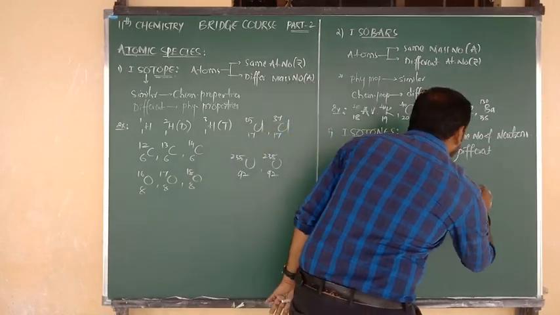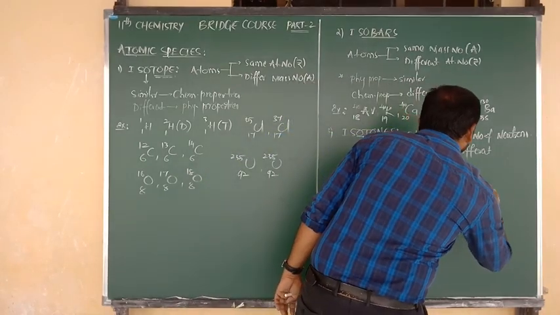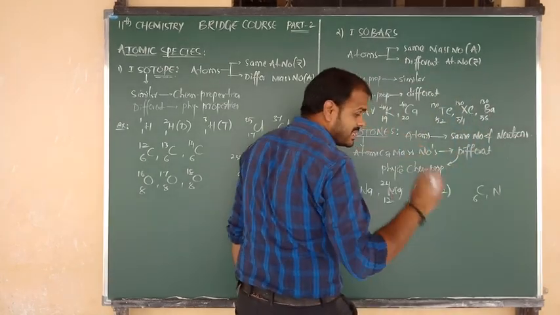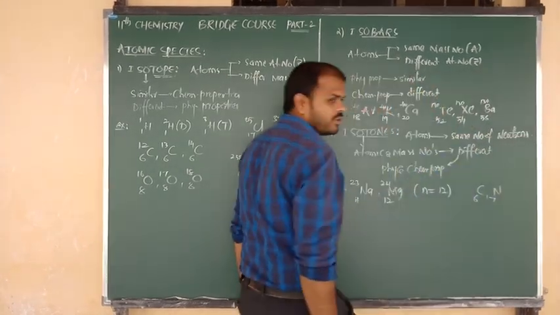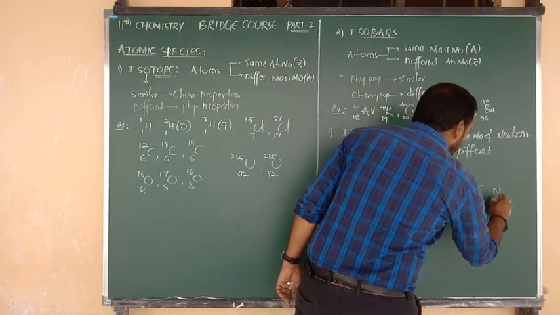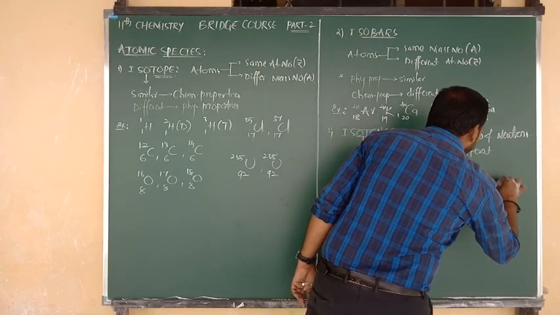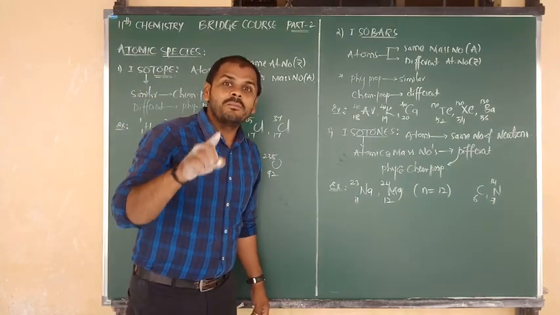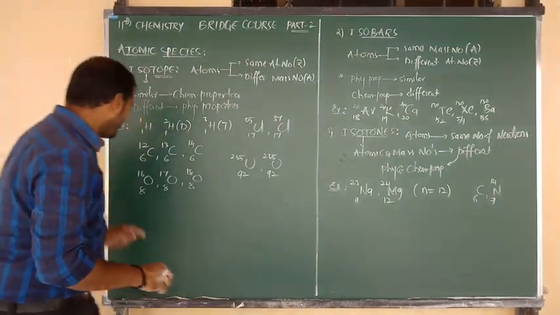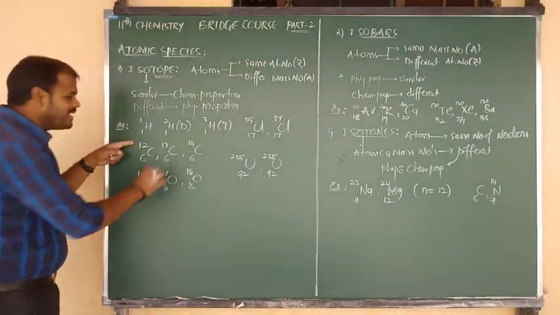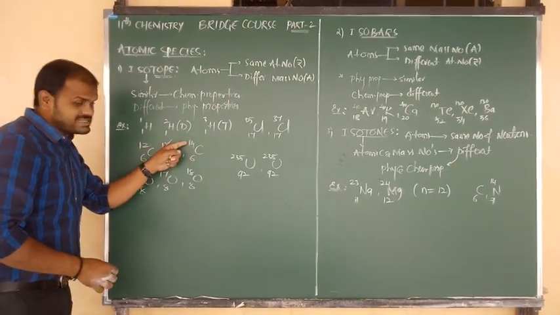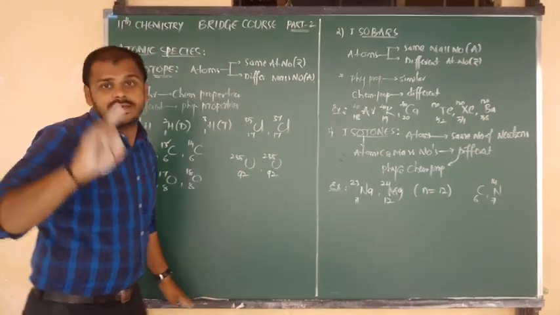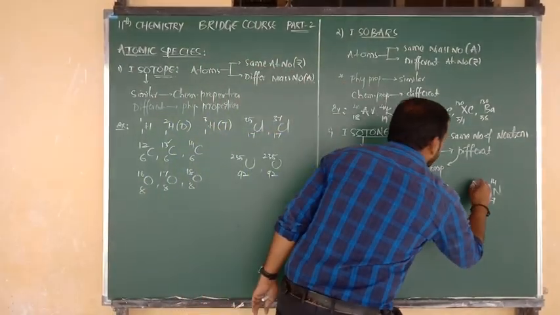One more example I want to show you. First, suppose one is carbon, and one more is nitrogen. Carbon atomic number 6 and nitrogen 7, you know very well. And nitrogen atomic number is 7, but nitrogen mass number how much? 14, beta. And carbon mass number how much? 12. But carbon can be available in C-12 form, C-13 form, C-14 form. Three forms are there, no beta. Now I want to write the C-13 form. No problem, beta.